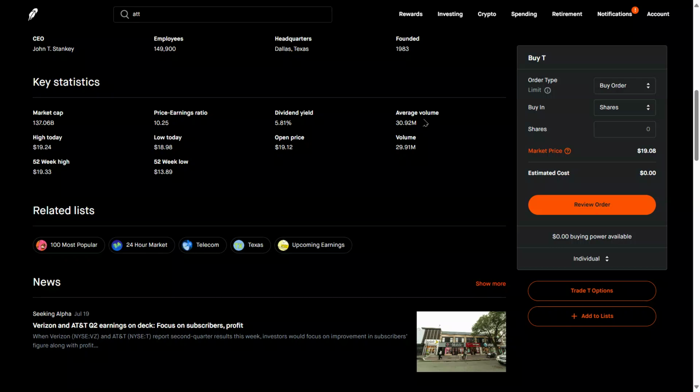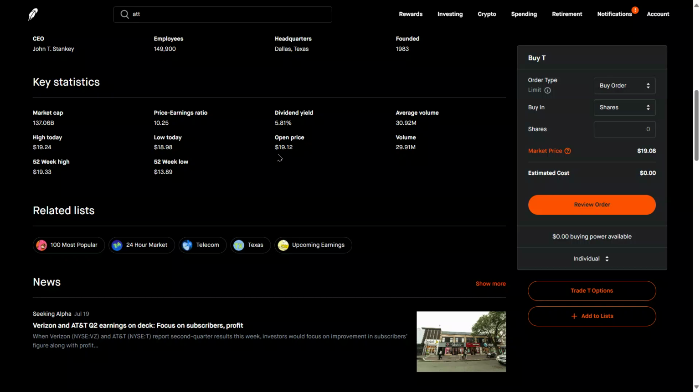This doesn't say there were 30 million buy orders or 30 million sell orders. This is both combined. This is just how much trading has taken place. On average, this is what it averages on a daily basis. Today is the weekend, but on Friday, that's how much it was traded. It was 29.